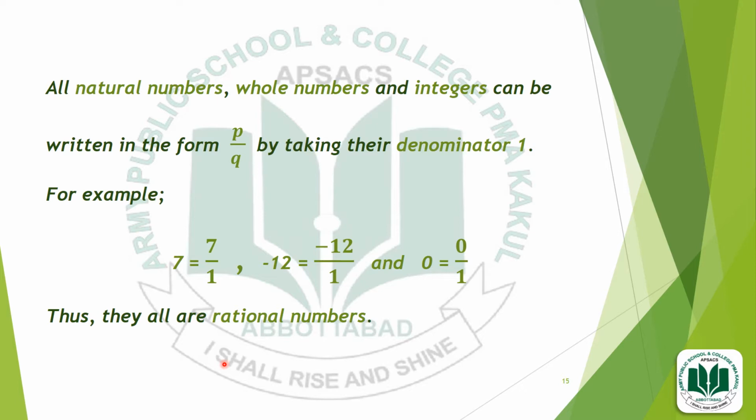For example, 7 can be written as 7 by 1. Minus 12 has denominator 1. And 0 can also be written as 0 by 1. So, all the natural numbers, whole numbers, and integers are rational numbers.